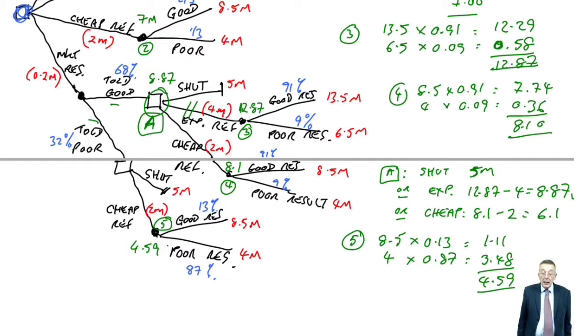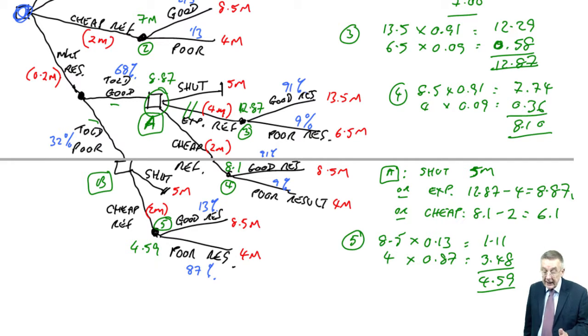And so, what decision would I make at point B, where it's our choice? We either shut and get 5 million, or we do a cheap refurbishment.